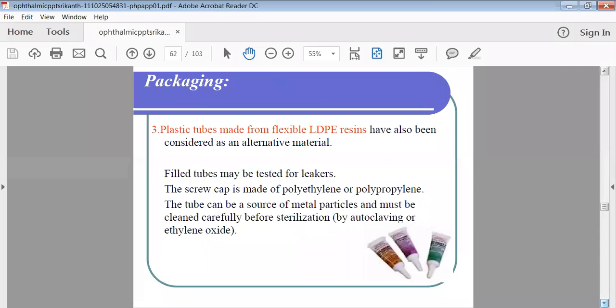Generally, these tubes which are filled inside the plastics, we have to check for leakage, because there might be chances that the ointment may leak. When you are filling your ointment into the container, it may be semi-solid. But during transportation, if your vehicle is passing through a hot region like Rajasthan, or you are sending your material to Africa where the temperature is high, there might be chances that the ointment may melt inside the container itself.